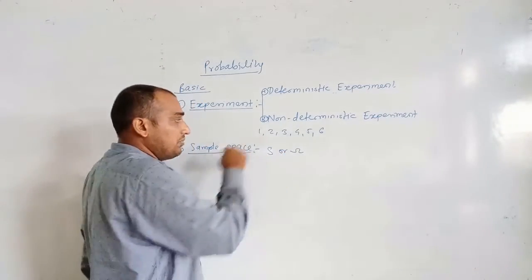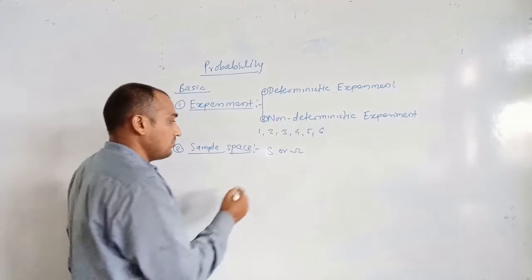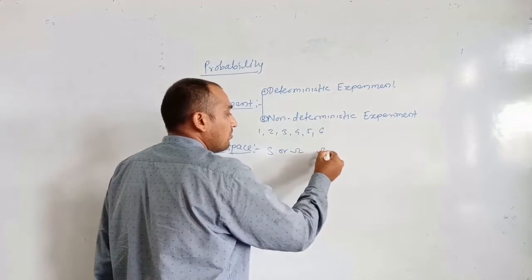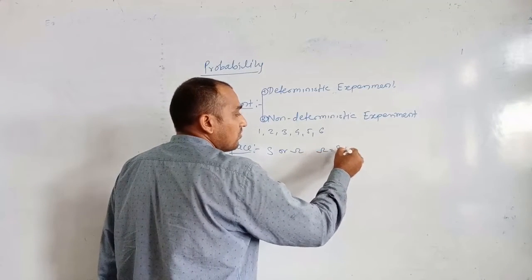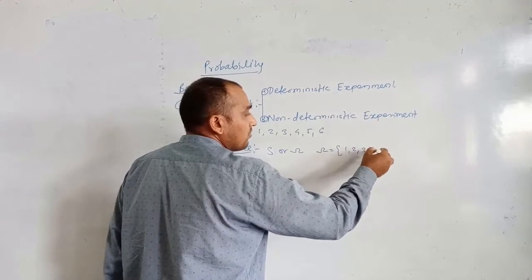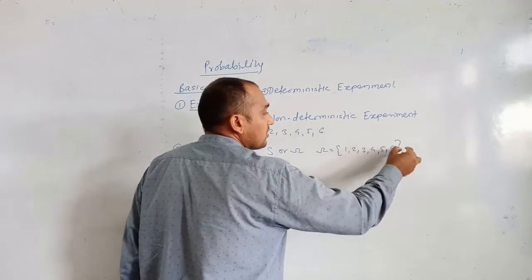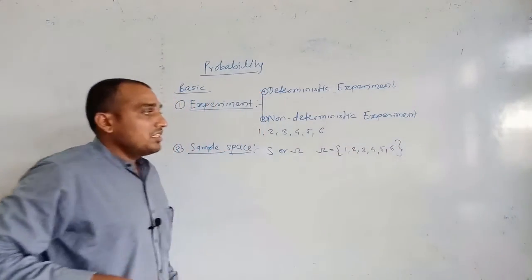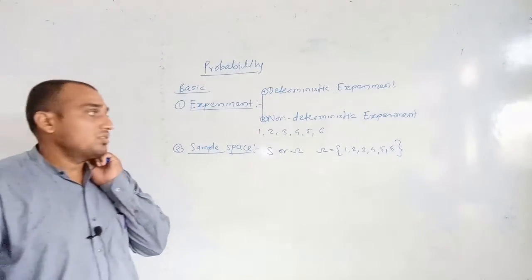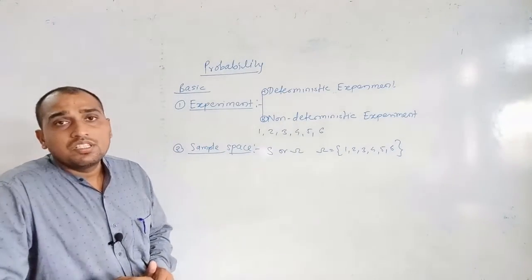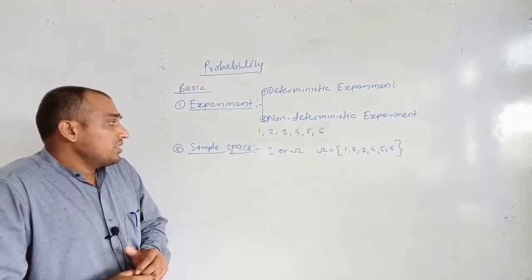If your experiment is throwing a die, what is your sample space? Omega is 1, 2, 3, 4, 5, 6. The set of all possible values is your sample space.